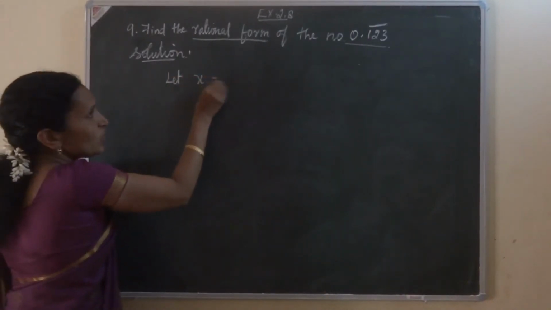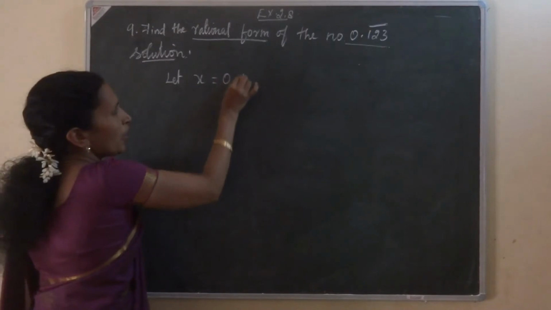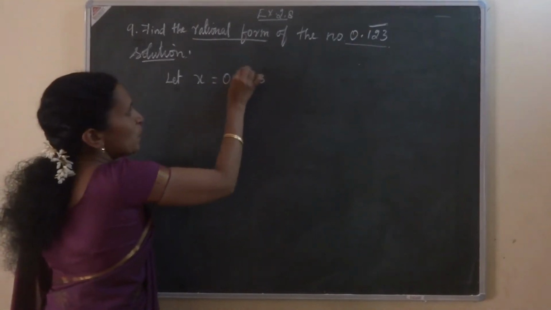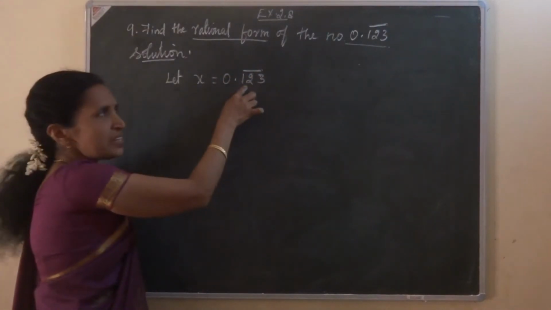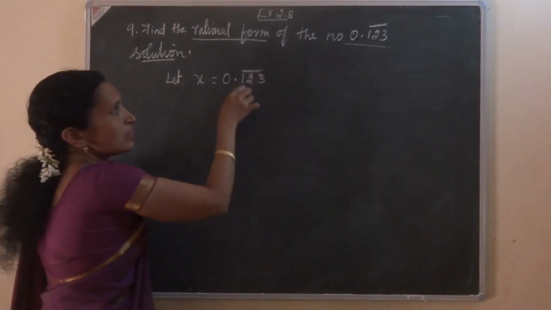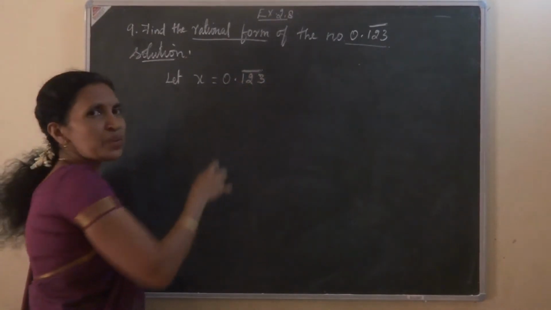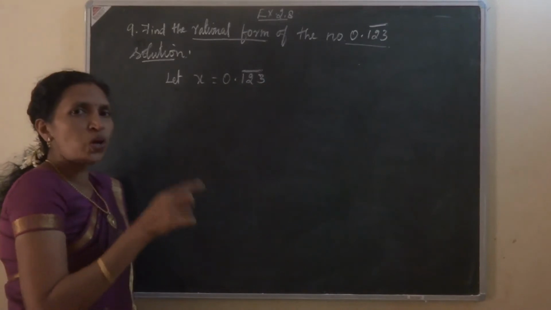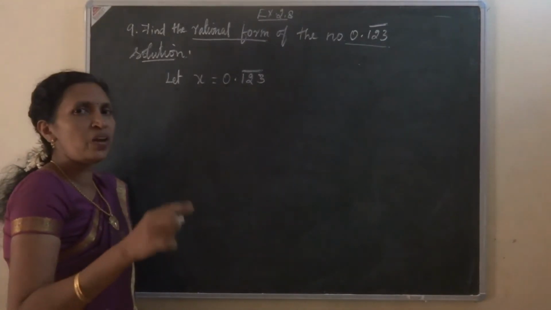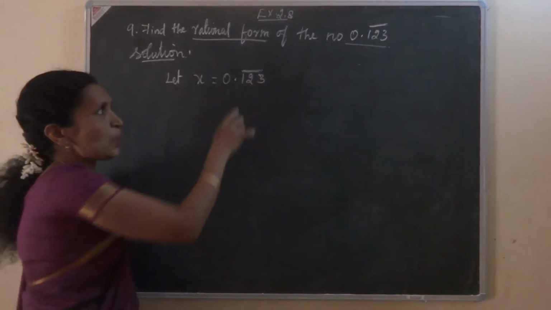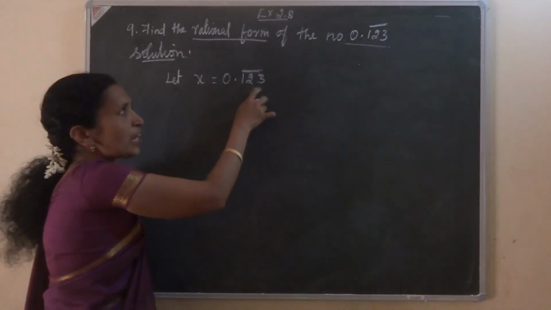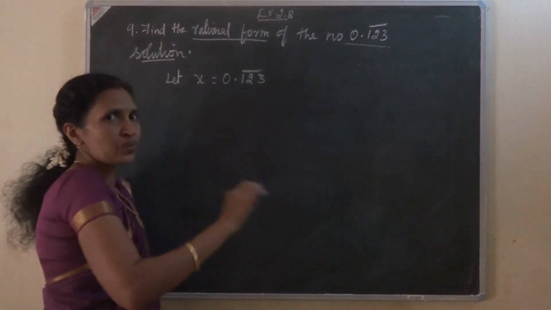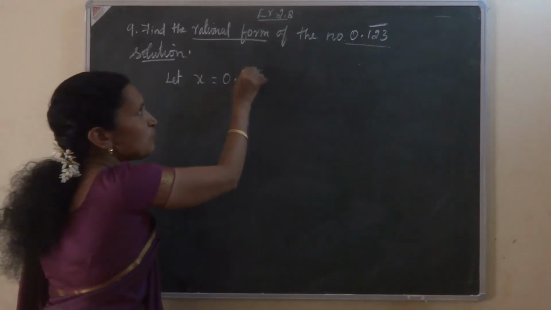Let x equal to 0.123 bar. Bar means 0.123, 123, 123, so on. Repeated numbers. 1, 2, 3 repeatedly will come. Okay, that is the meaning of this bar.